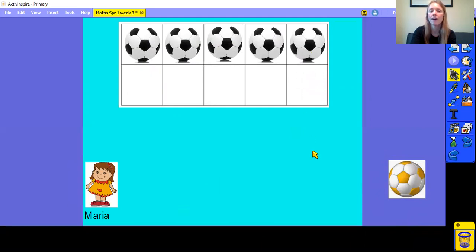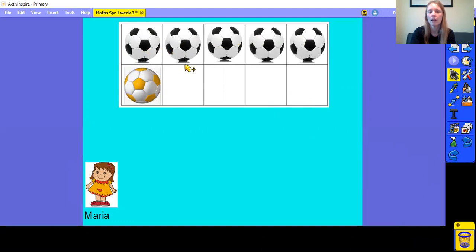First, Maria had 5 footballs. Then she added 1 more. How many footballs does Maria have now? Let's count them all to find out. 1, 2, 3, 4, 5, 6. Now Maria has 6 footballs.